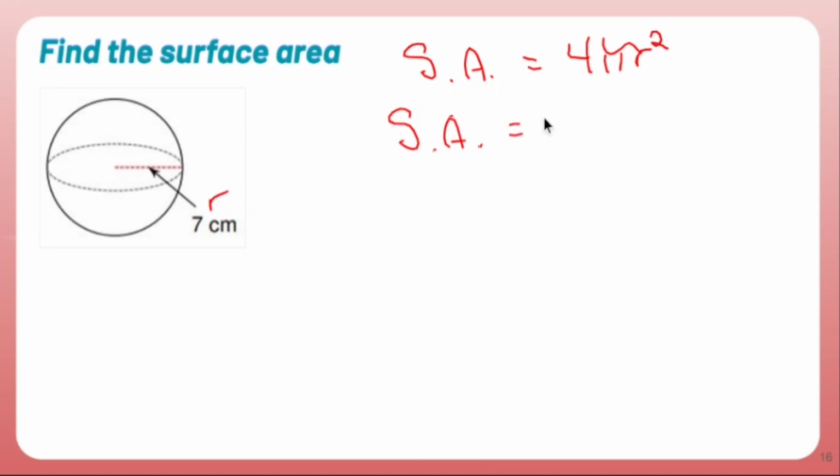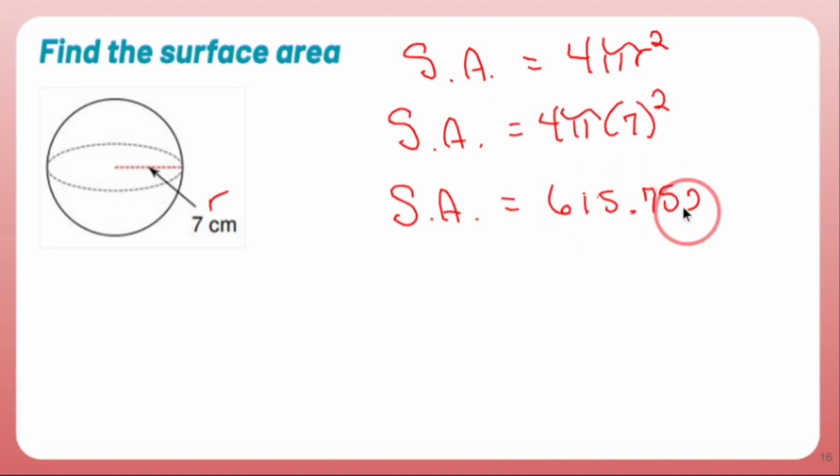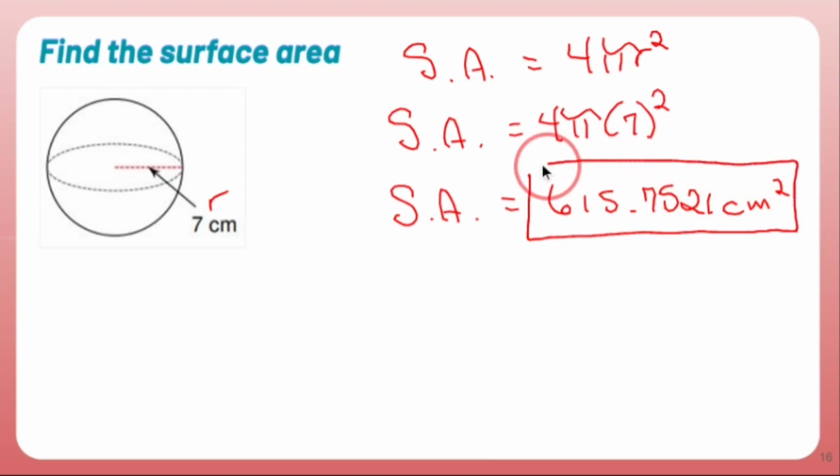Surface area is going to be 4 times pi times 7 squared, and 4 times pi times 7 squared is 615.7521 centimeters squared. Gross. Dunzo.